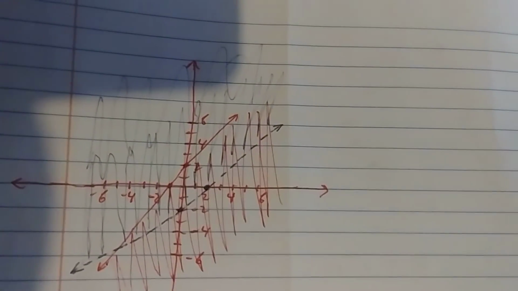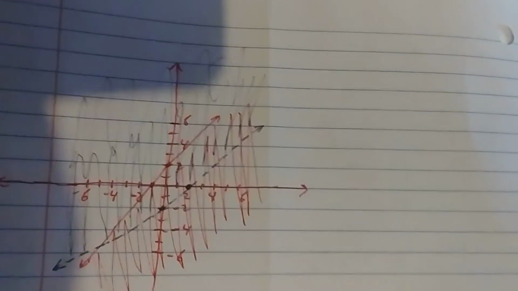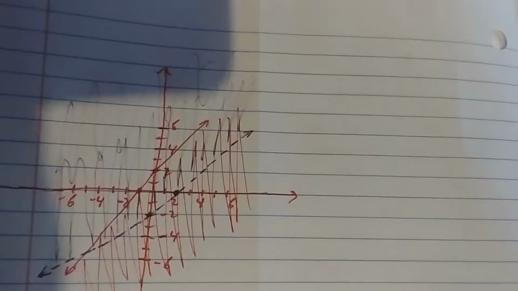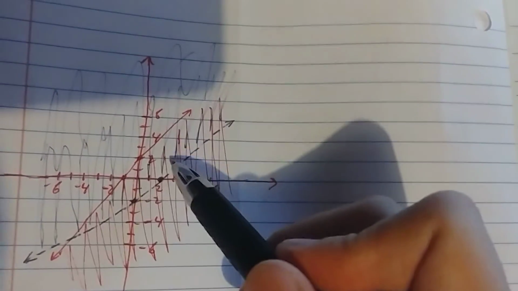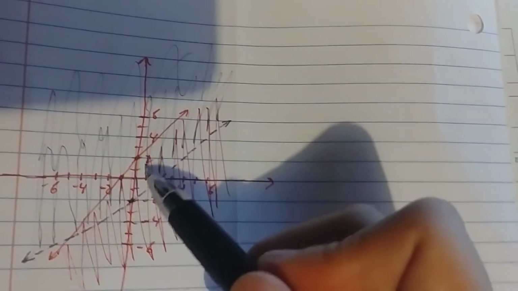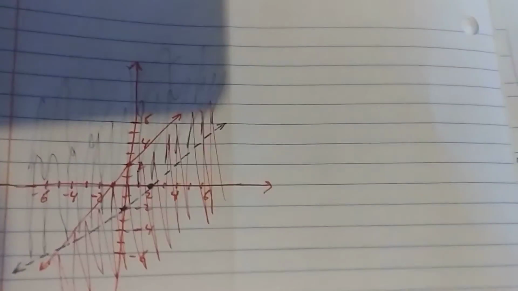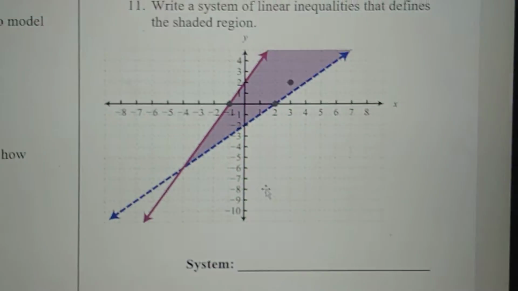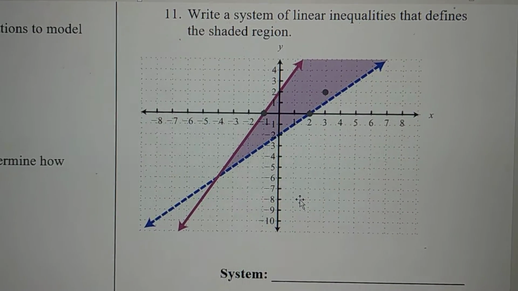Now if you notice, we have this area right here in between the graphs where the shades intersect. Here we have both black and red, and that's represented on this graph by just being the purple part.